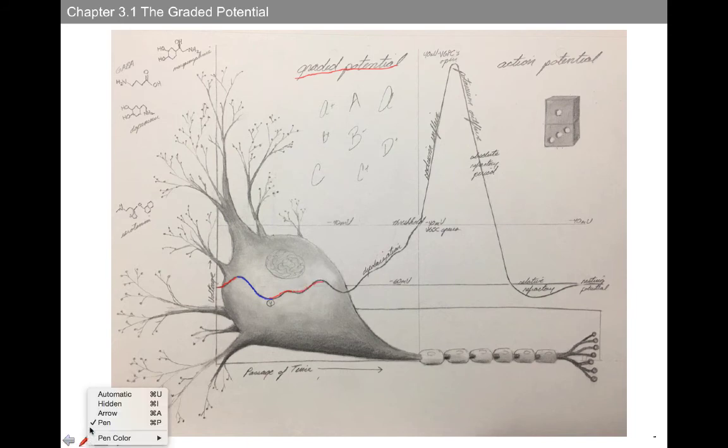Again, here I'm using blue to represent hyperpolarization.